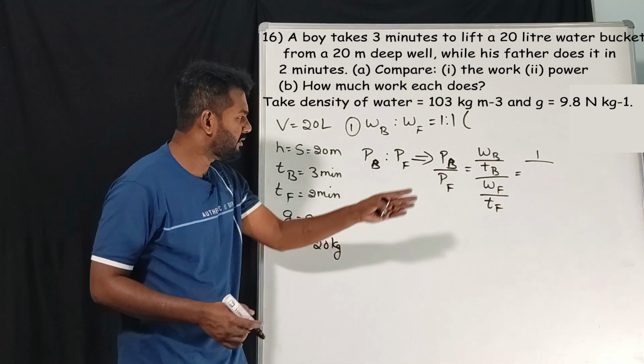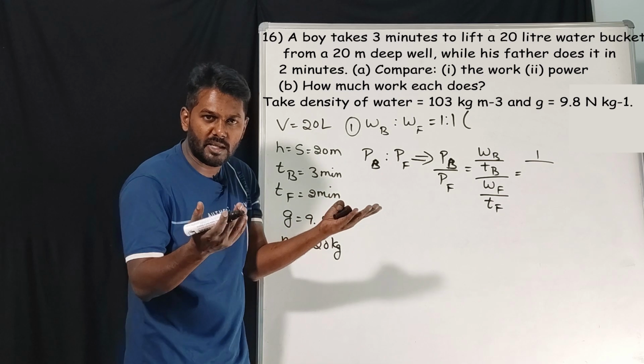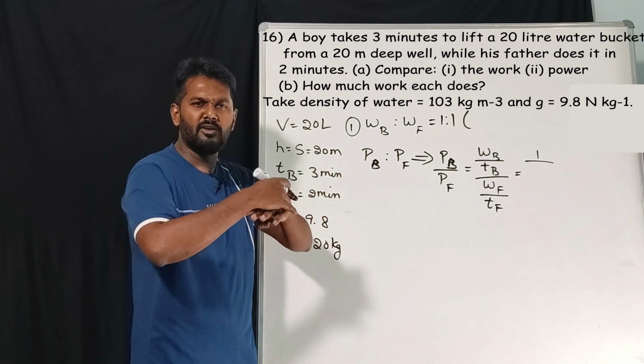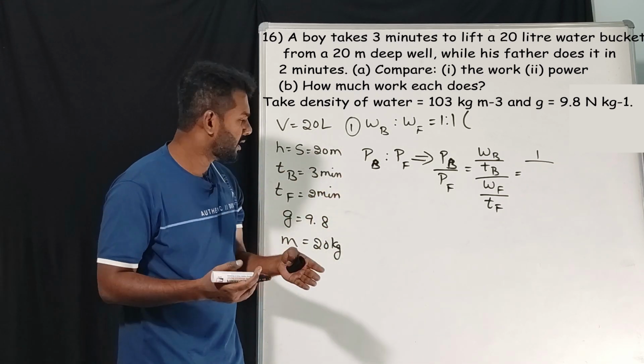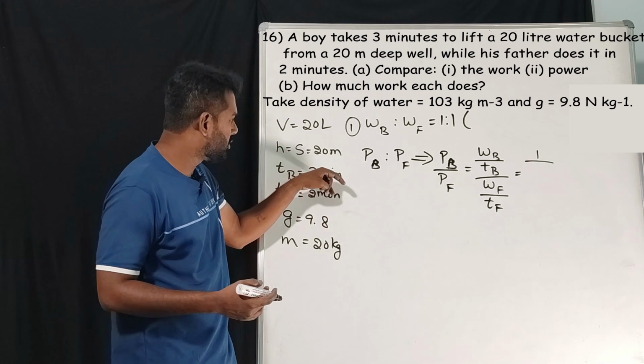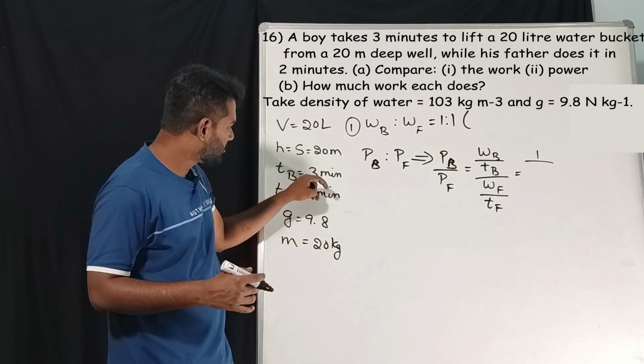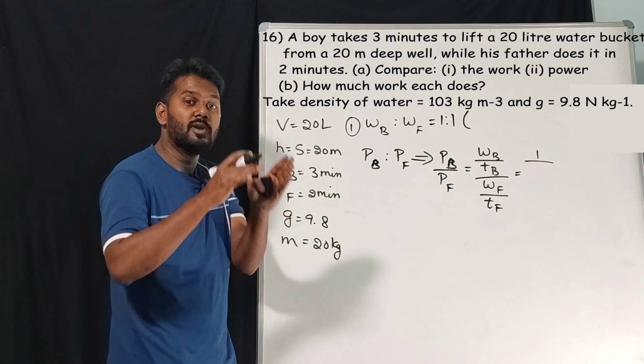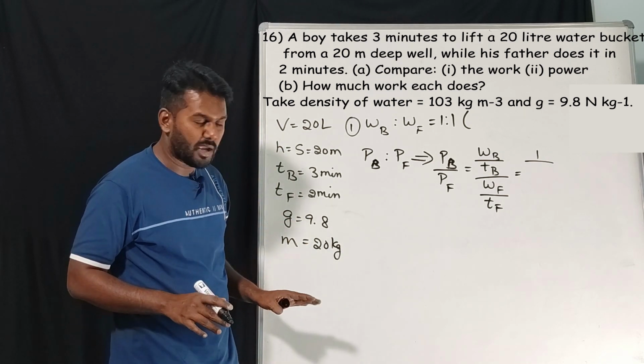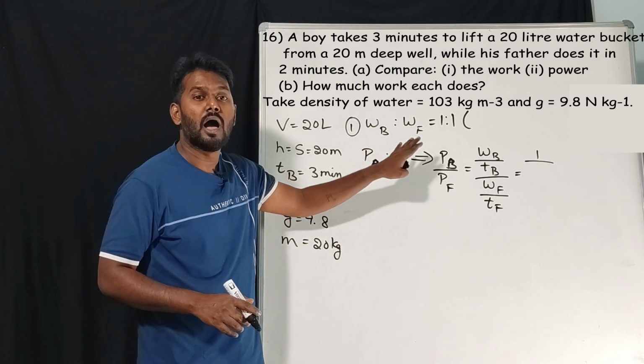Here, when we are comparing any two quantities, any two values, if you convert that into SI units or if you substitute the value directly, you will get the same answer, only when you are doing the comparison.